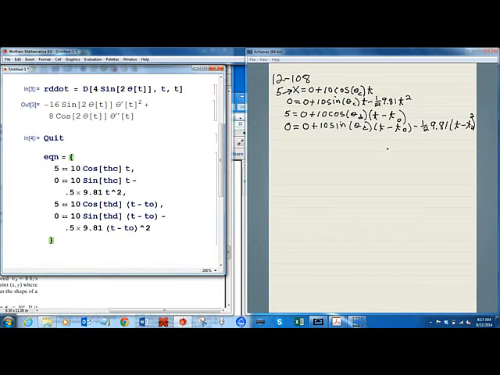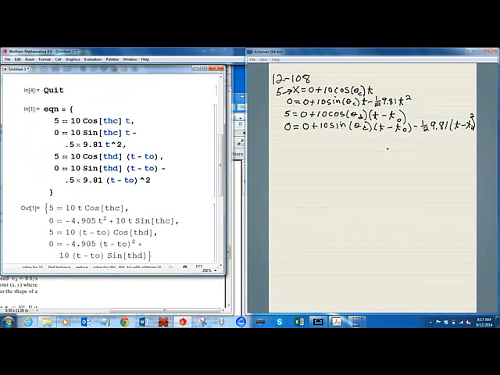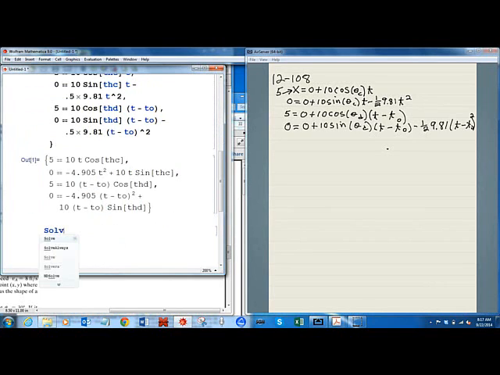And that's it. So I'll go bang. Looks about right. I don't spend a whole lot of time staring at them, but then solve.